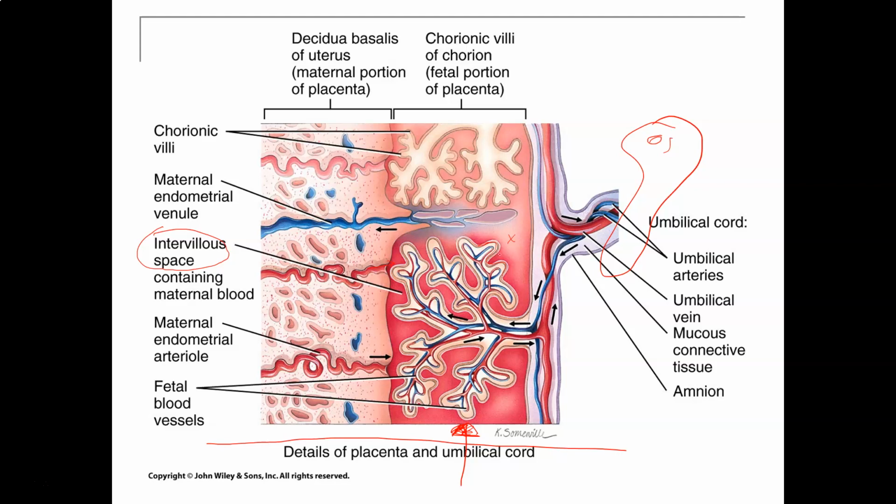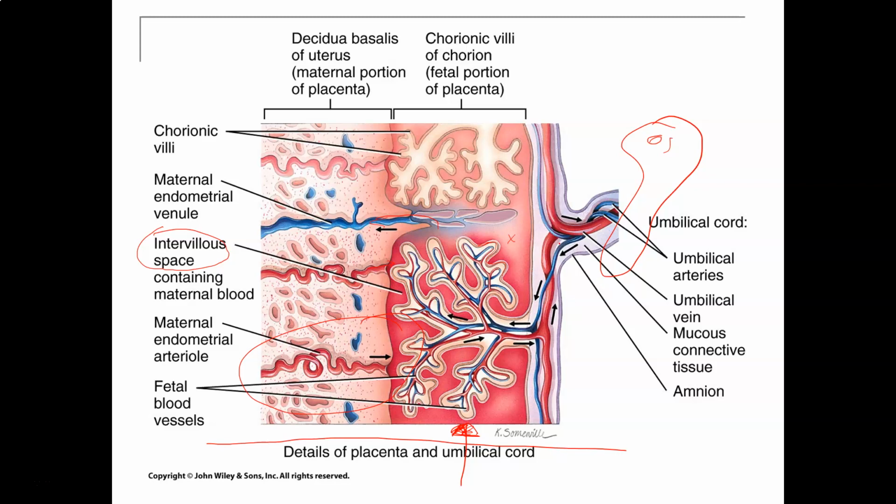And so this is the placenta you're looking at. The mother's contribution is this part of the endometrium that's bathing the chorionic villi in blood, and it's not stagnant like a pond. Blood enters from the mother's arteries, and older blood is drained away through veins.